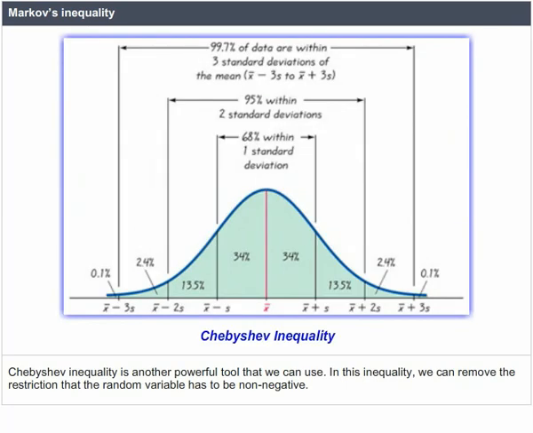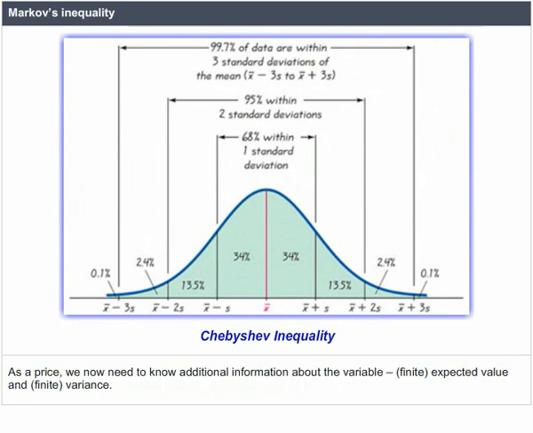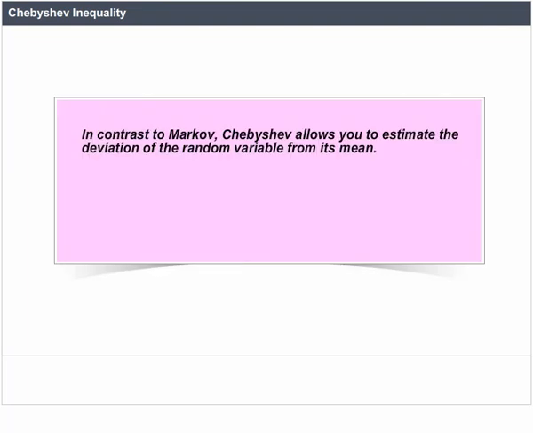In this inequality, we can remove the restriction that the random variable has to be non-negative. As a price, we now need to know additional information about the variable: a finite expected value and a finite variance. In contrast to Markov, Chebyshev allows you to estimate the deviation of the random variable from its mean.